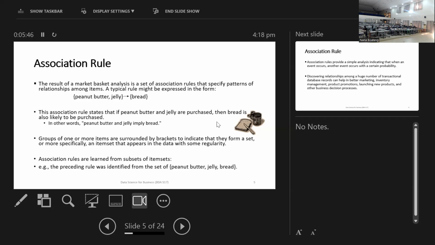So peanut butter and jelly are in one item set, and it leads to bread. The rule peanut butter and jelly leading to bread is taken from a set that contains peanut butter, jelly, and bread. Makes sense?